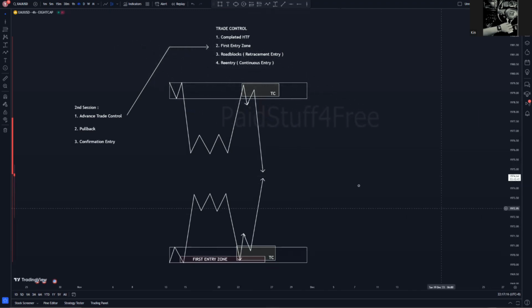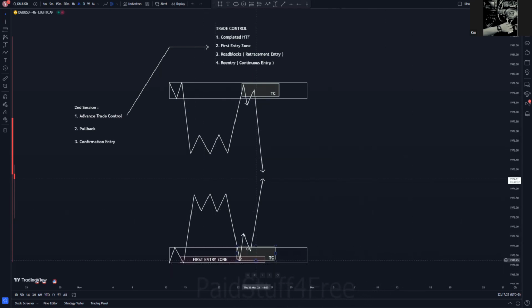All right, good. So for the first and the second one, there will be times where the price will tap the first entry zone and not fly with no CE. How do we take advantage of those situations, or do we just miss?